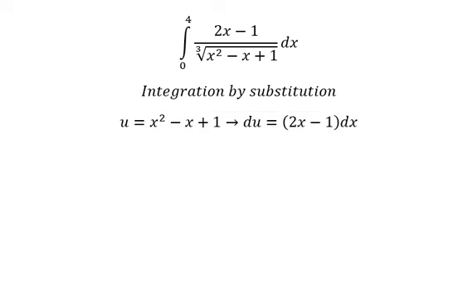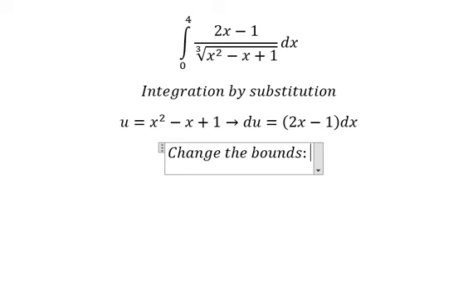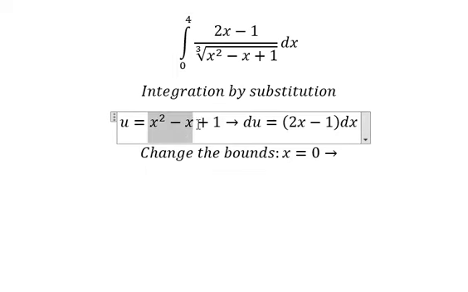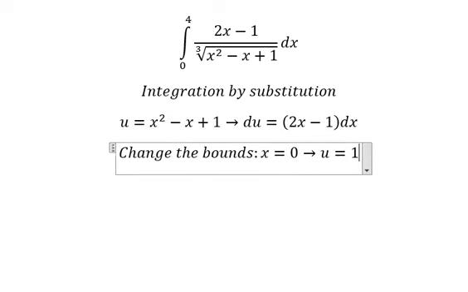Next, we need to change the bounds. When x equals 0, so I will put 0 in here, we can find the value of u, so u equals 1.